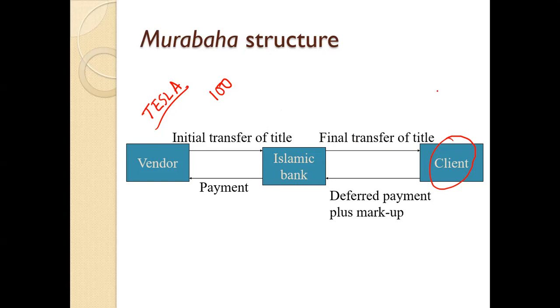Now you see, if a single client approaches Islamic Bank to purchase a Tesla car, the car price would be more competitive or more affordable to the client. Or if Islamic Bank itself analyzes the demand of clients for Tesla cars, and based on the client demand, purchases or orders 100 Tesla cars and offers them to its clients, Islamic Bank will get a more competitive price from Tesla.